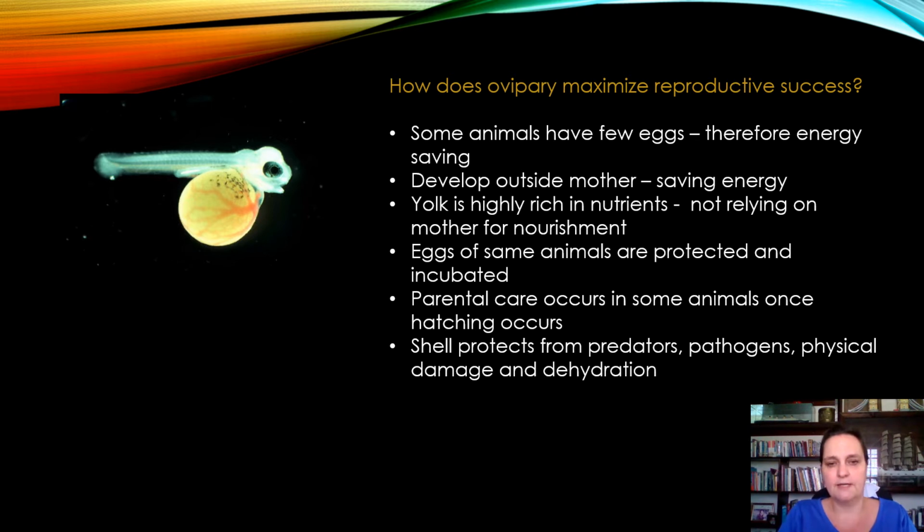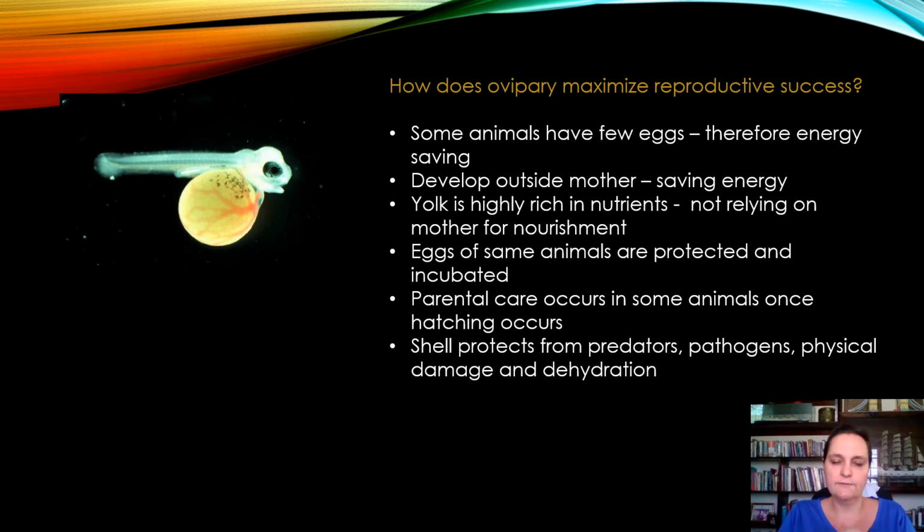Some oviparous animals' eggs have got a shell. Some have a hard shell, some have a soft shell, but the shell is going to protect them from predators, from pathogens, from damage, from dehydration. And of course, if you're protecting your developing embryo, that is maximizing reproductive success because it will ensure that they do hatch and that they then reach maturity and can reproduce themselves.